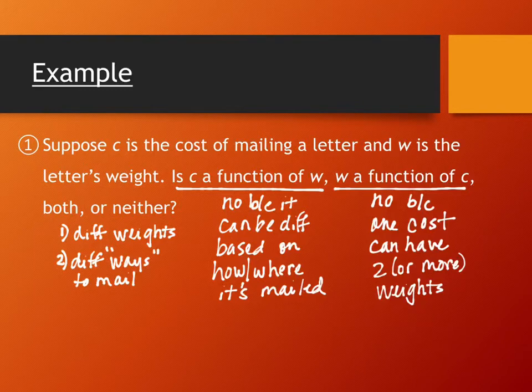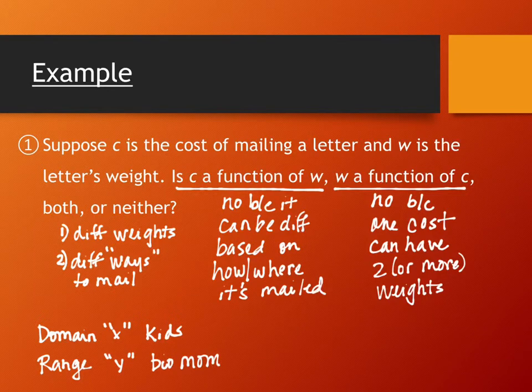Let's consider a domain, I'm going to use white, the x values to be, I'll just say kids, and I'm going to consider my range, y, to be, and I'll be very specific so that we make sure that this cleanly makes sense, a biological mom. Okay? Biological mom.